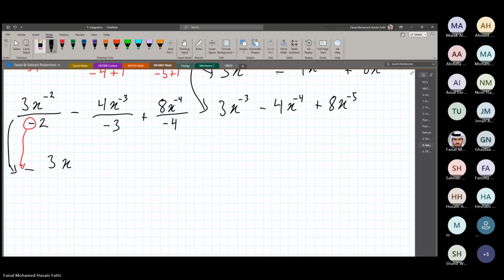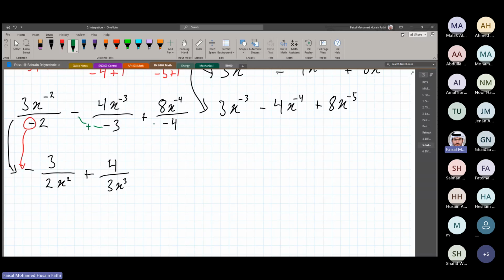So 3 over 2x squared. We have a minus, so we just took it to the denominator. Minus and minus becomes plus. So plus 4 over 3x cubed.